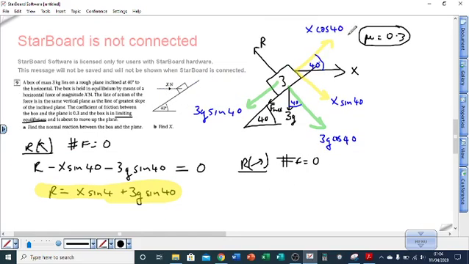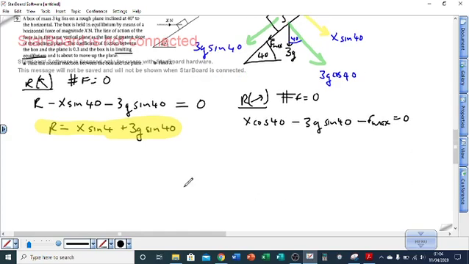We've got the only positive force, which is X cos 40, and the two opposing forces are your 3g sin 40 and F max, and we know that that is equal to 0.